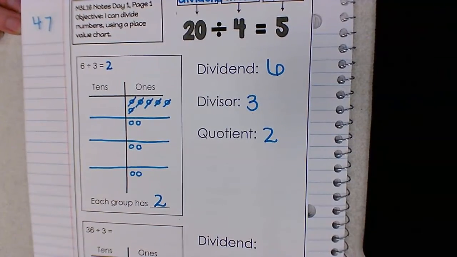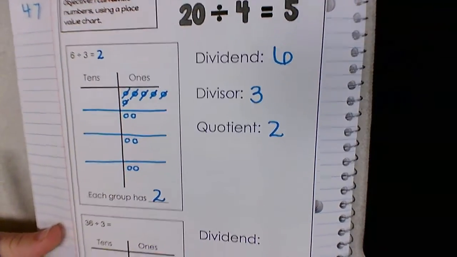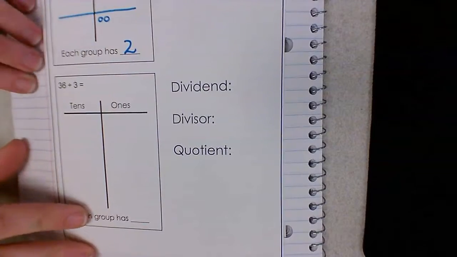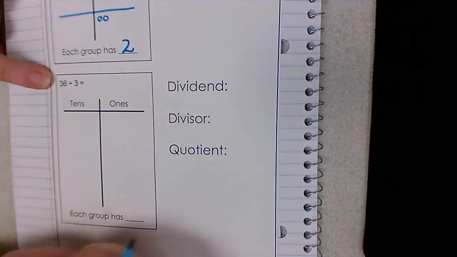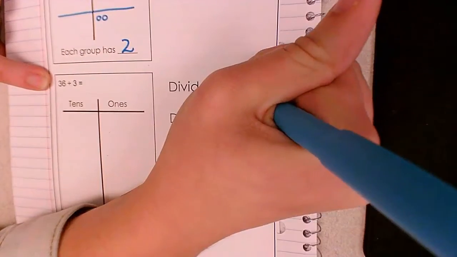Let's practice this skill again, but with a 2-digit number. Let's start by identifying our dividend. Our dividend, our whole number, is 36.